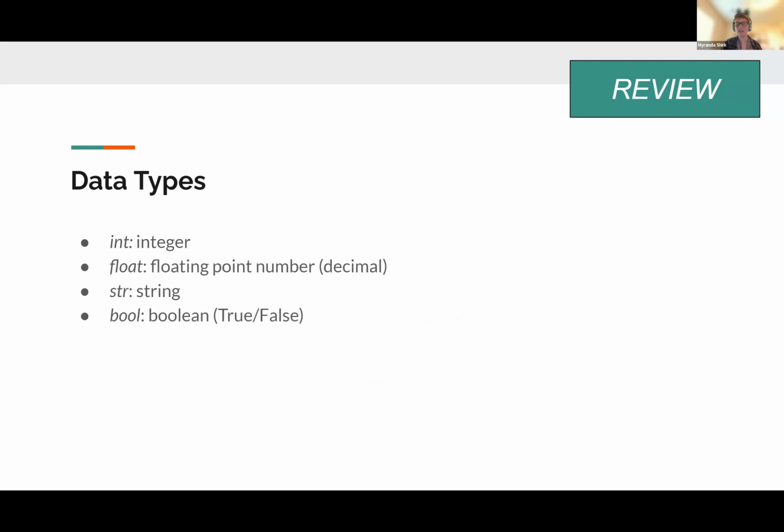Bool or Boolean is a true or false value, and we will look more into those today as well, but that is literally just True, capital T-R-U-E in Python, no quotes. Those are called Boolean values. There's just two, True and False. These are the different data types that we can work with inside Python, and we will discuss more today why those matter and what we can do with them.